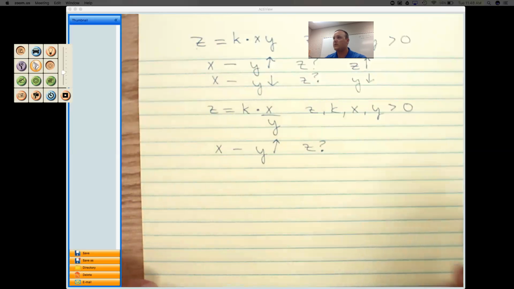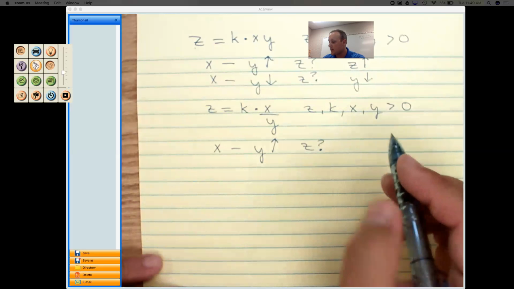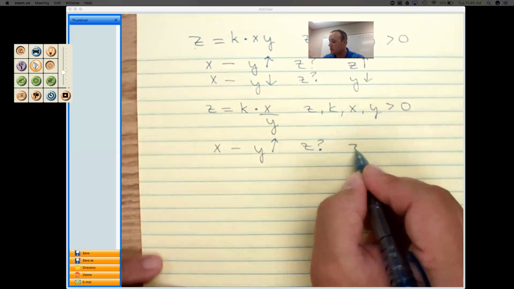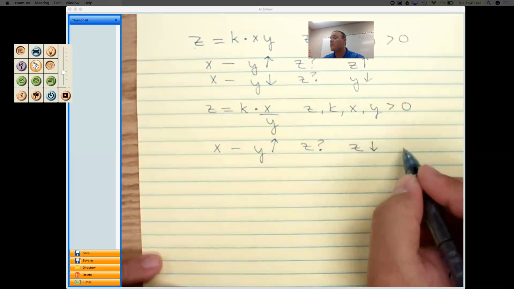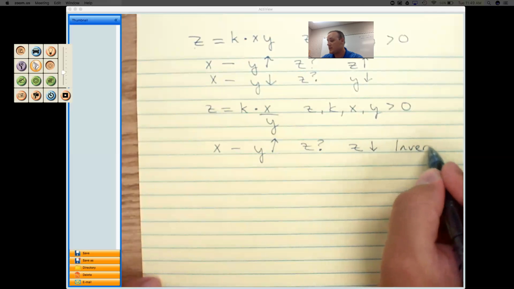Okay, I haven't heard much from my table right in front of me, so Jesse's table. What do you guys think? Z will decrease. Okay, why will z decrease? Because you're dividing by a bigger number. And we have what type of proportion? Direct, inverse, neither? Inverse. Inverse it is.